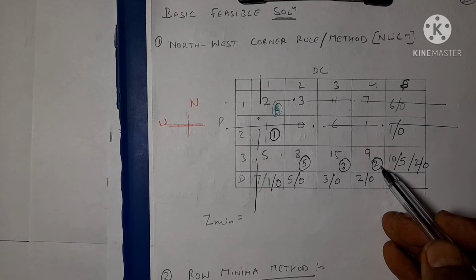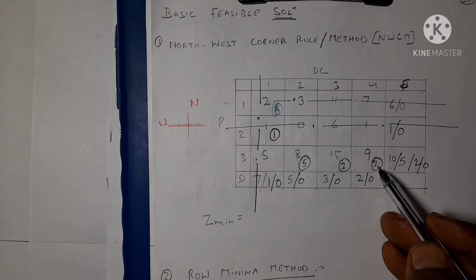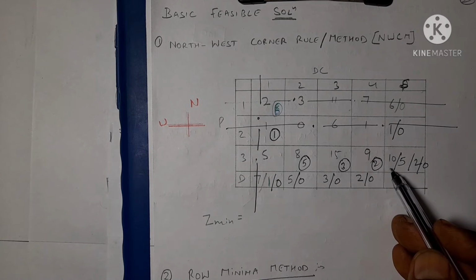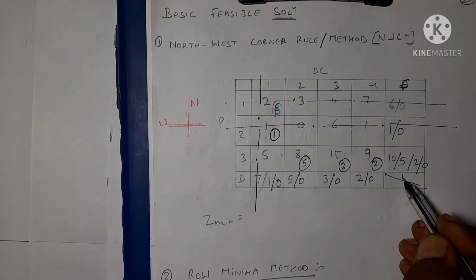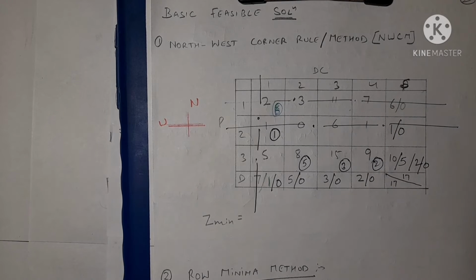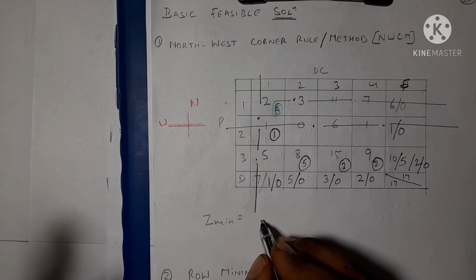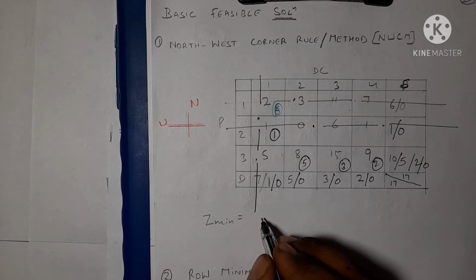If by chance you had any mistake, then these allocations will not be equal to total supply or demand. Okay, for calculation, we can have the previous equation as 2x11 plus 3x12 plus 11x13. If you didn't rewind that, you can pause over here and rewind.